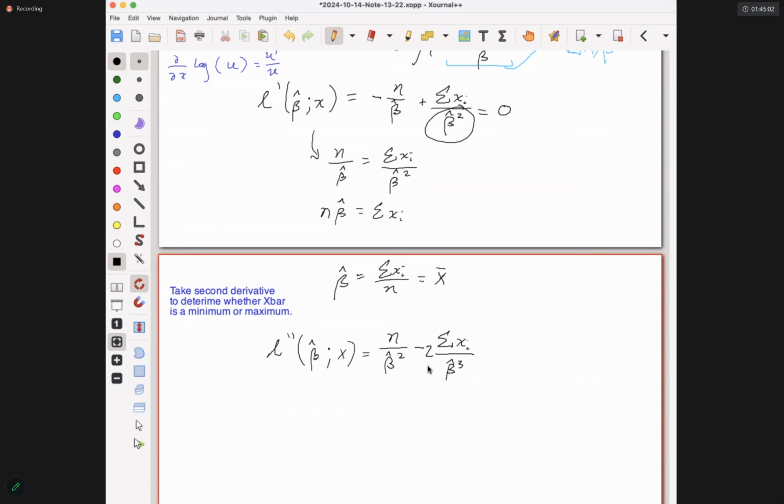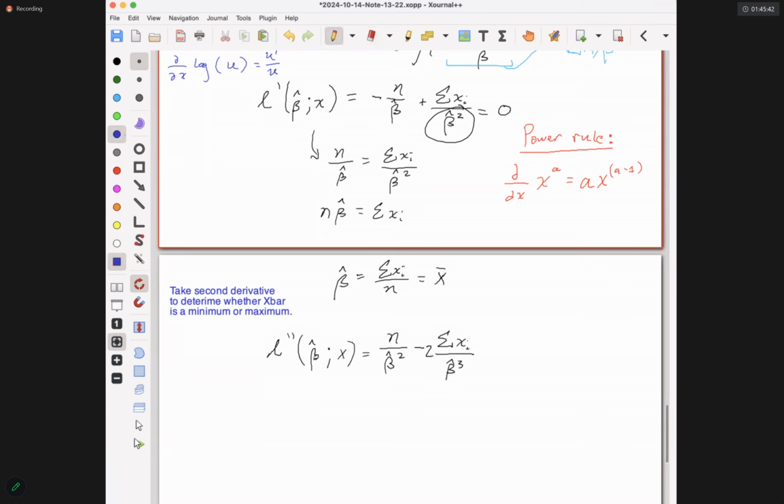Yeah, so this is coming from the power rule, which says that the derivative of x to the a with respect to x is equal to a times x to the a minus 1. That's all we're doing here.